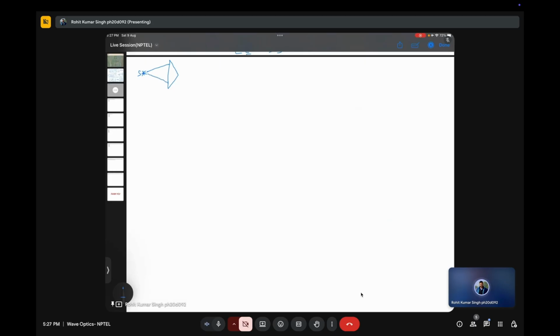And if light rays enter from air into a denser material like glass, they will bend towards the normal, right? So it will bend like this, and it will exit like this, and here also it will bend like this and exit like this. Then if you see it from here, you will see two sources of light, S2 and S1.